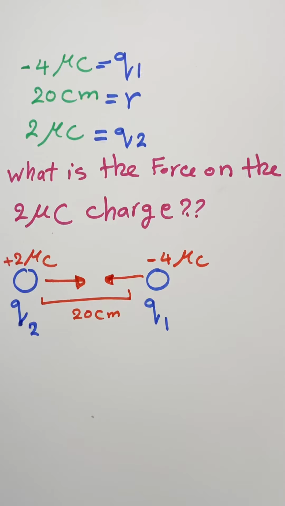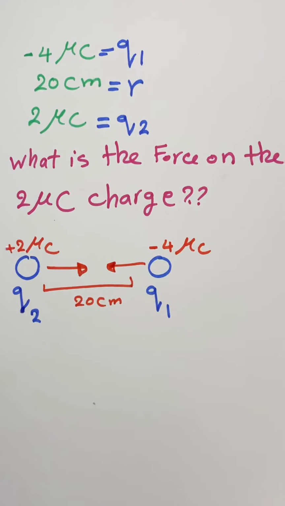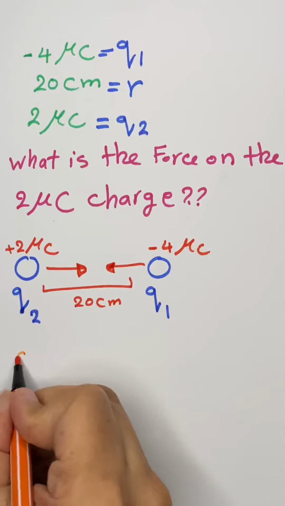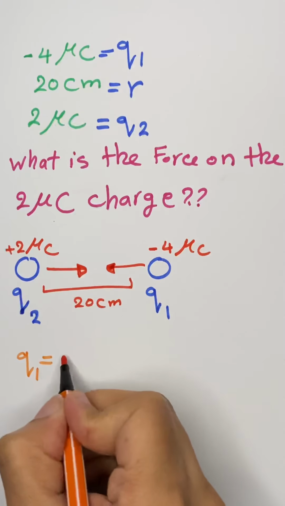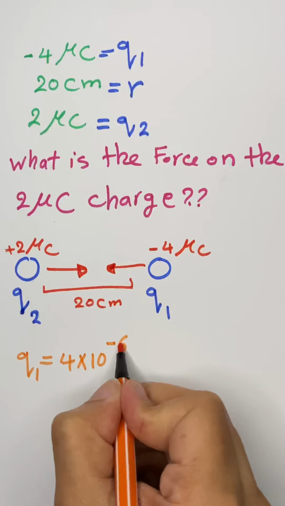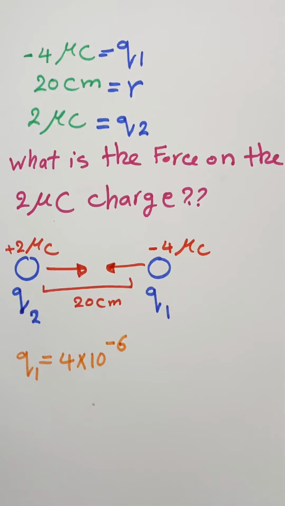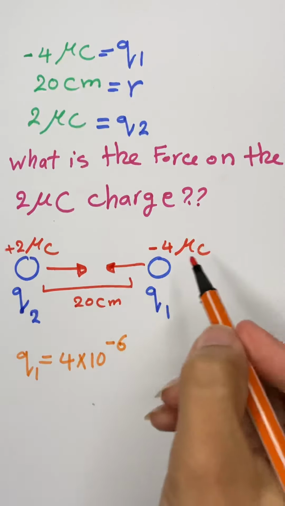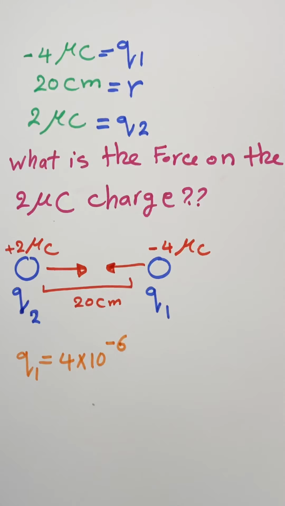In this case, I could just solve it without transforming it, but I will transform it so you could understand, or to get it in the SI unit. So Q1 will be 4 times 10 to minus 6 coulomb, because this one is microcoulomb.